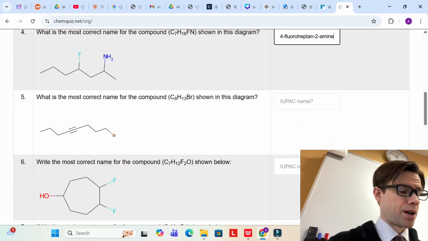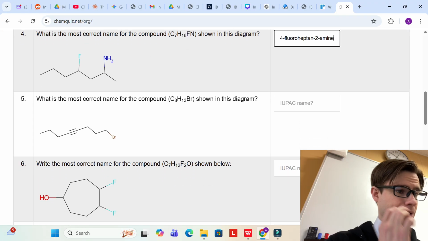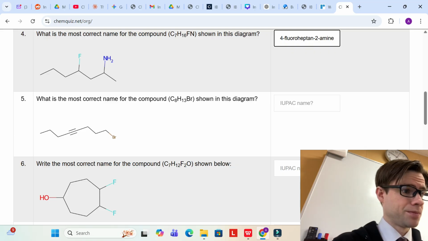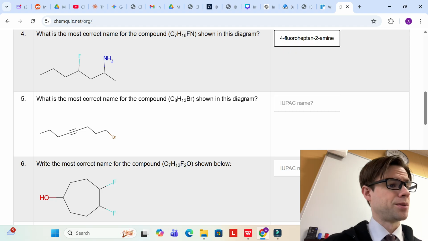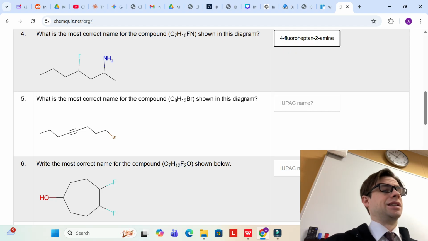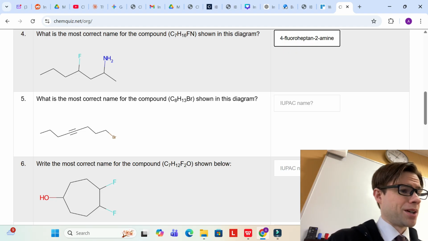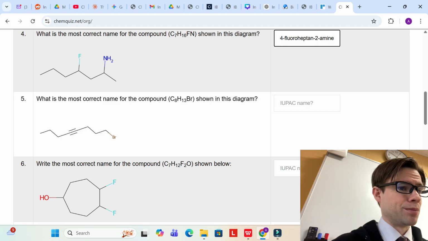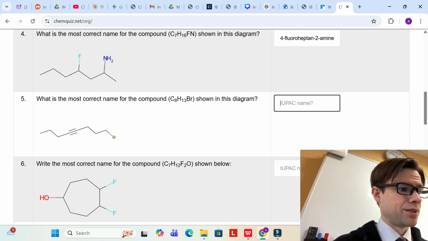Okay, number 5. Alkyne here and bromine. So 1, 2, 3, 4, if we count from the left side for that alkyne. 1, 2, 3, 4, also if we count from the right side. Now if we count from the right side, we can also make the bromo group number 1 instead of 8.